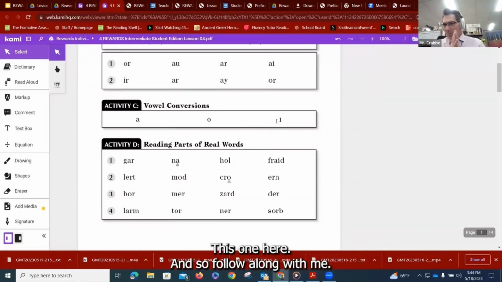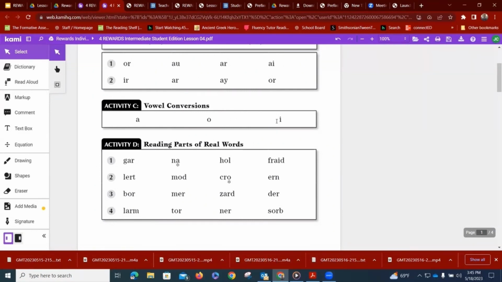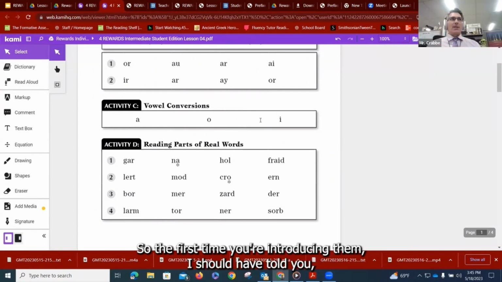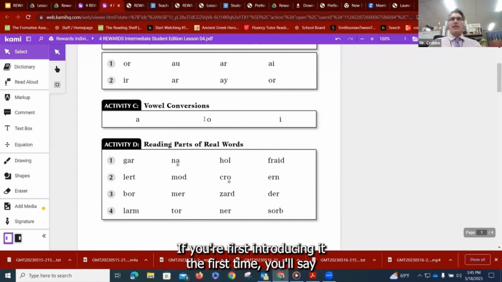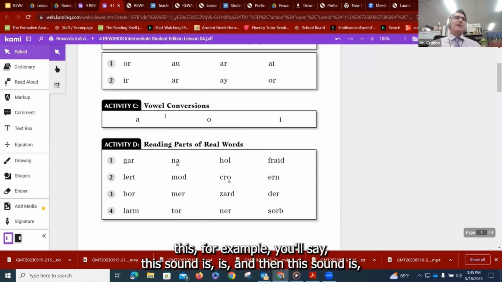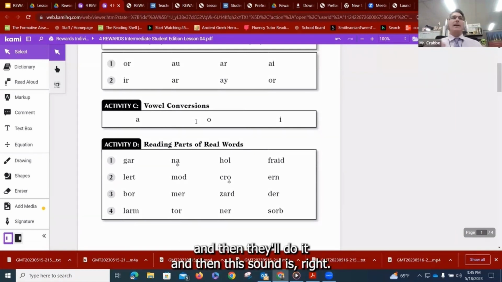And so follow along with me. This letter is I, as in individual. Okay, what sound? Very good. So the first time you're introducing them, I should have told you that, later on, they're going to know what the sounds are. If you're first introducing it the first time, you'll say this sound is, and then they'll do it.